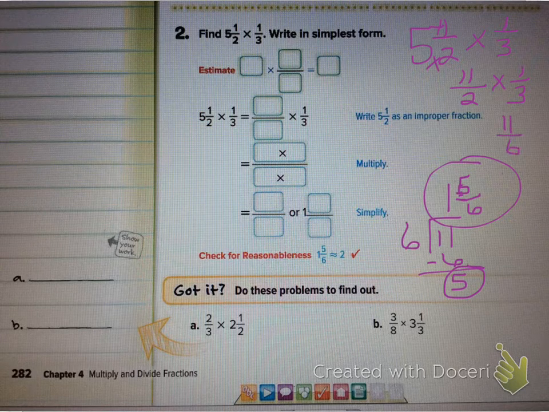So 11/6 is equal to 1 5/6. Okay, go ahead and try letter A and B. Pause the video, come back, compare my answers to your answers, look at the work, see what you've done wrong. If you did anything wrong, write down any questions that you have, and then come back and we'll continue.